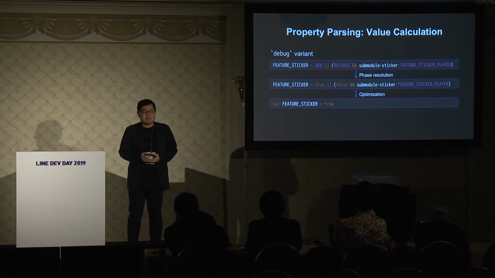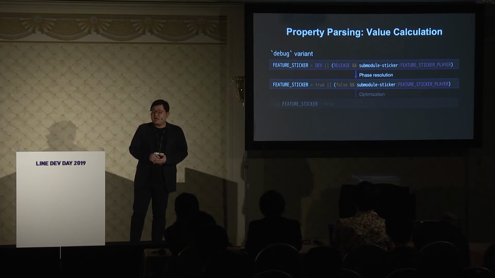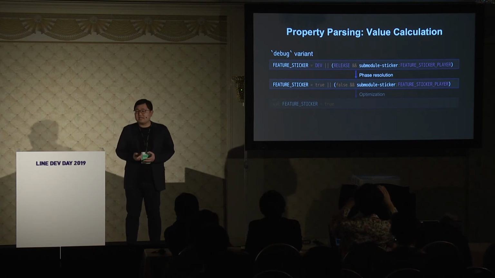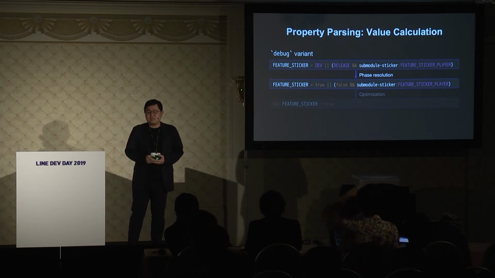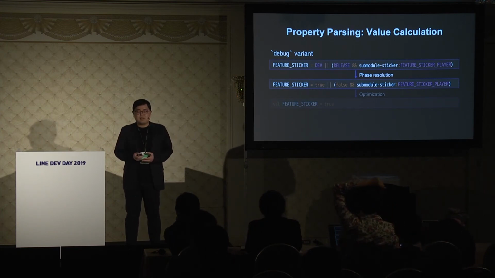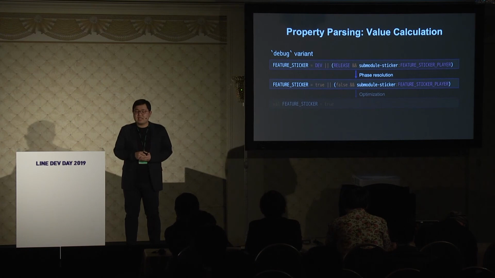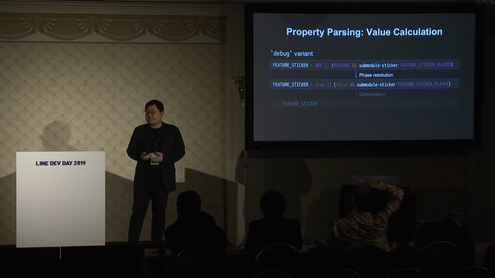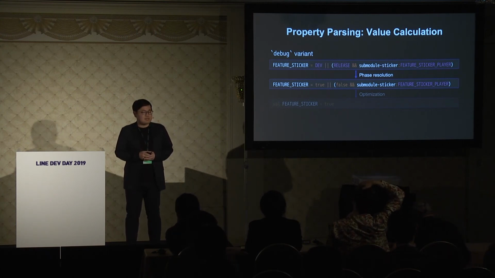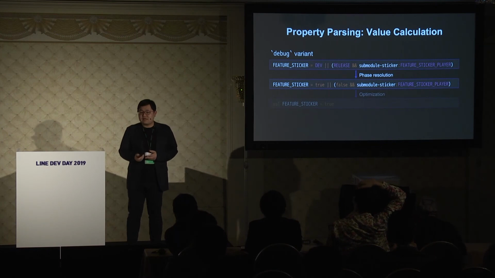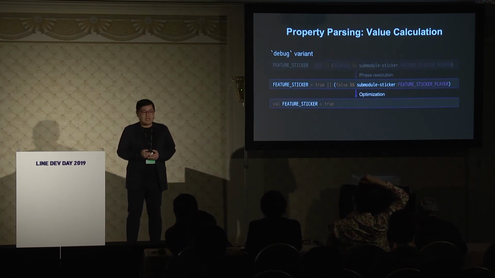In order to determine the feature flag value, we have to go through two steps. First, based upon the build variant information, we determine whether each phase is enabled or disabled. In the debug variant case, only the dev phase would become true. So dev would be true and release would be false. On the other hand, the submodule sticker module feature sticker player flag link is not subject to phase interpretation, so it will be carried over as it is.